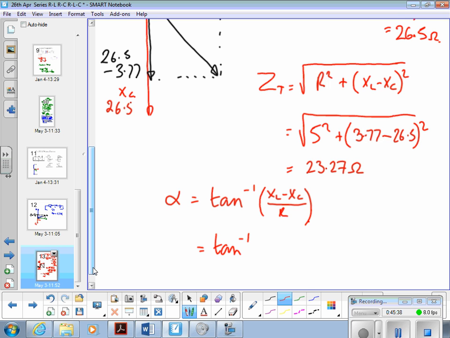Tan to the minus 1 of 3.77 minus 26.5 all over 5 equals.